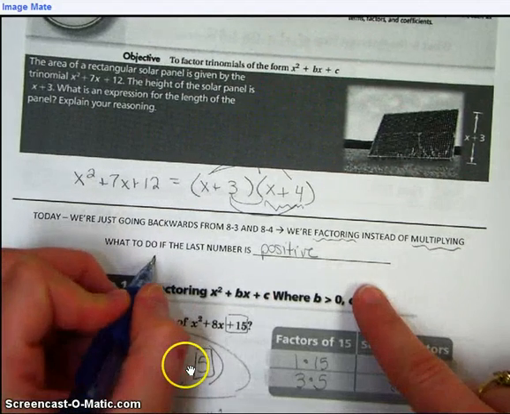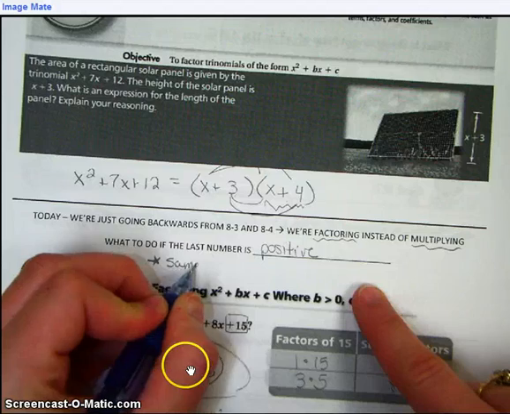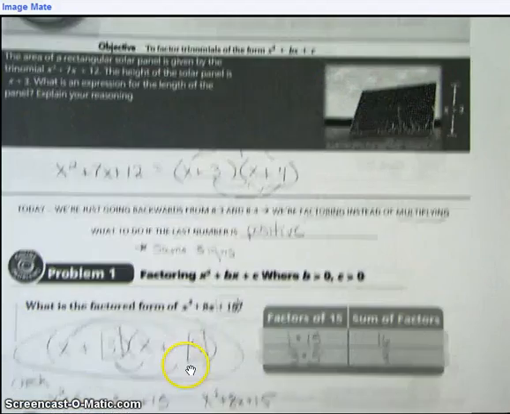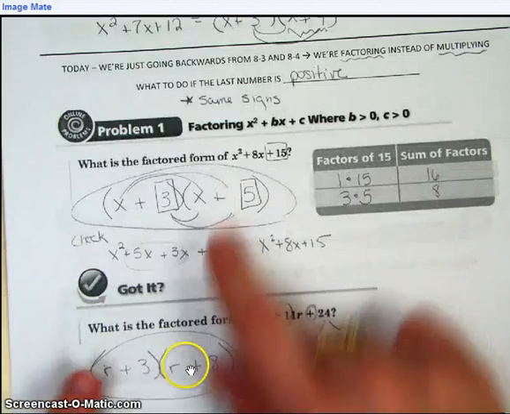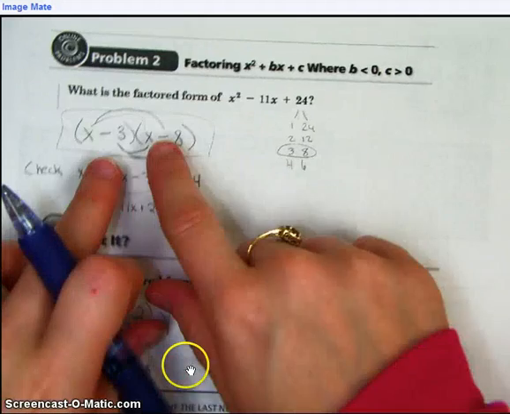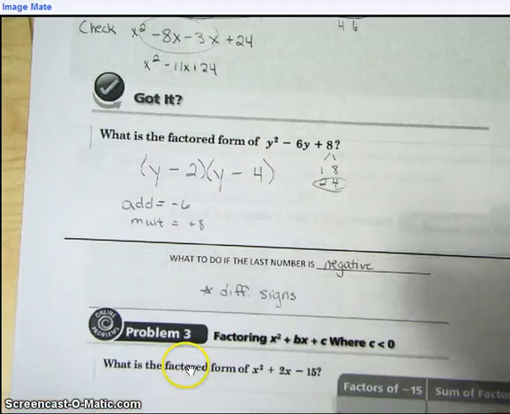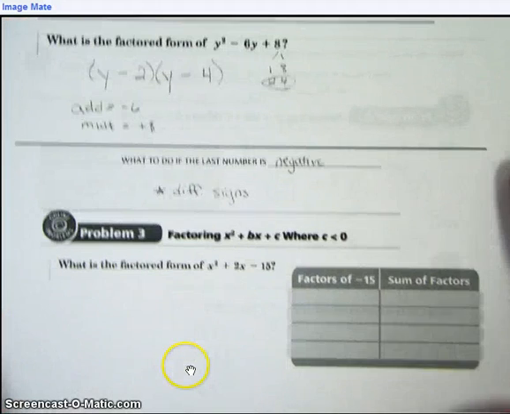The signs are going to be the same. Okay? See how these were both plus, both minus, both minus. Okay. Let's do problem 3 together.